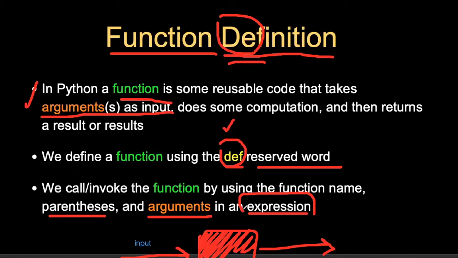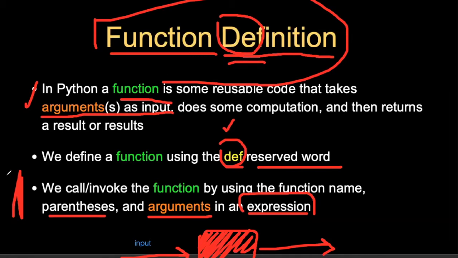An expression is a combination of operands and operators. This expression could be just invoking this function by itself. So number three is how you can run your function. It's not really part of the function definition, so I kind of disagree with how this author put the very last bullet here.